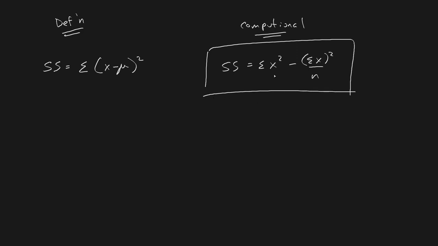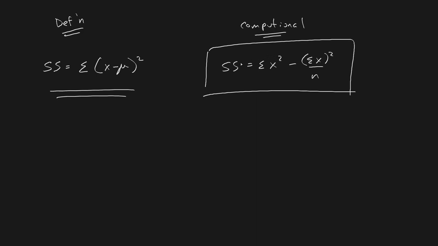So you might want to get used to using this one. Having said that though, if you just prefer the definitional one and want to stick with it and forget about the computational altogether, you could probably get away with that too. Again, except for a situation where they specifically ask you to show that you understand how to do the computational formula, but I doubt that that's going to arise.